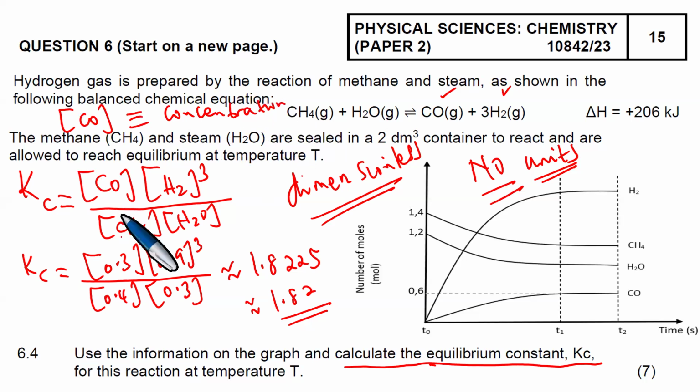We mean concentration of carbon monoxide here, concentration of hydrogen gas, but the number of moles you put on top as a power. This is how we do the Kc. CH4 is a concentration, so we don't put round brackets here. We put square brackets because that is what we do in chemistry. We move on to the next question.